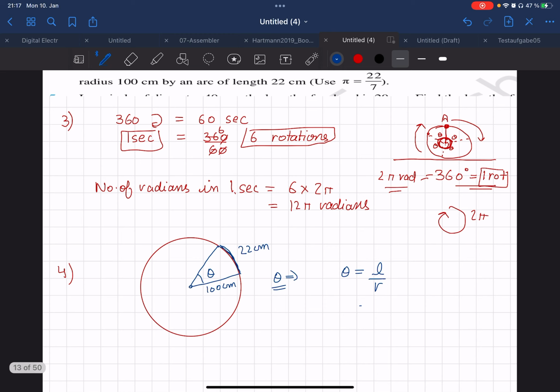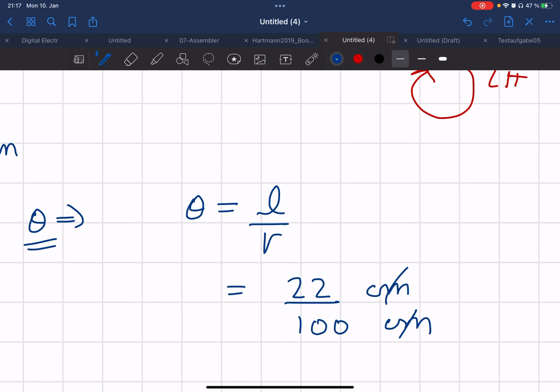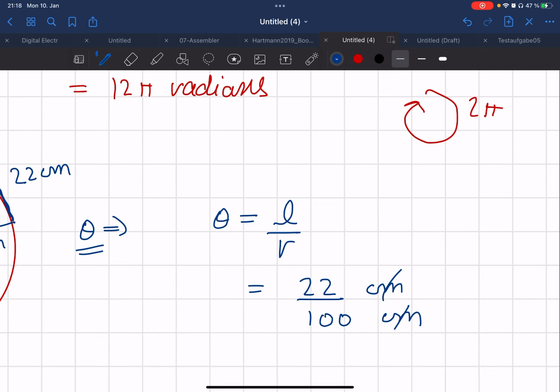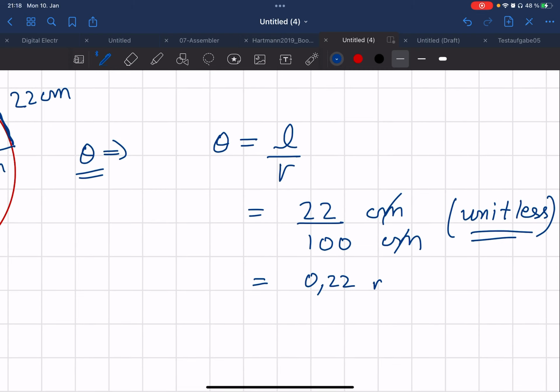And in this case, the length of arc is 22 centimeters and the radius is 100 centimeters. So see, centimeter with centimeter cancel. I know you can't cut like this, but this means that it's unitless. Theta is unitless here because both are the same terms, alright? So that is 0.22. That's your answer here. 0.22 radians.